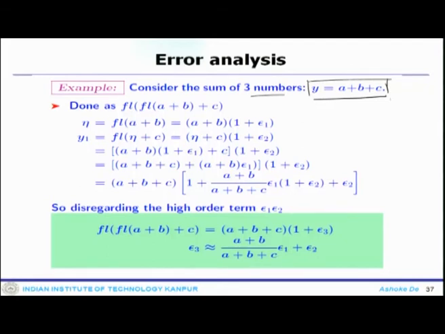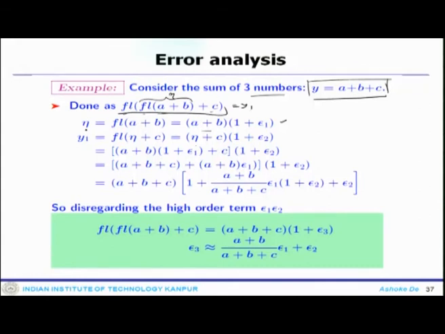So, what you have done is floating point of floating point (a plus b) plus c. So, your eta equals floating point of a plus b, which is this component, this is my eta, which is equivalent to (a plus b)(1 plus epsilon). Now, y1 is floating point of eta plus c. So, that is the total component, this is your y1.